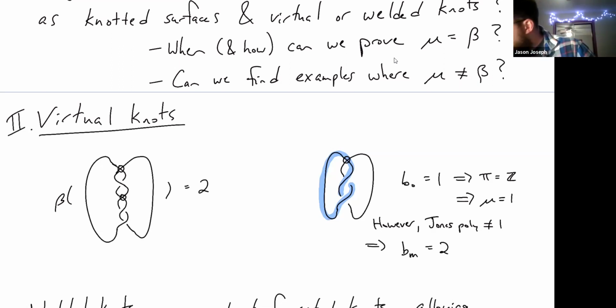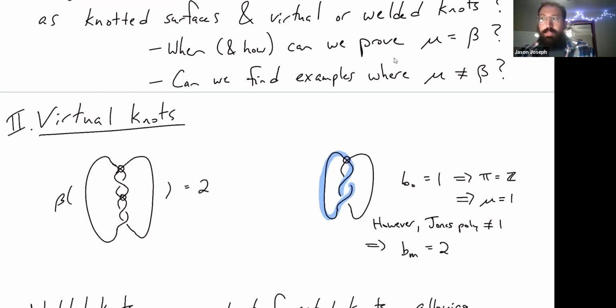So it's a non-trivial virtual knot. That means that it has b_m at least 2, and here we see it is 2. But the group is Z, so the meridional rank is 1. So that's why I threw virtual knots out.